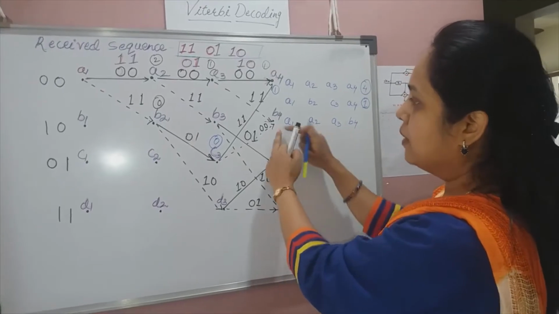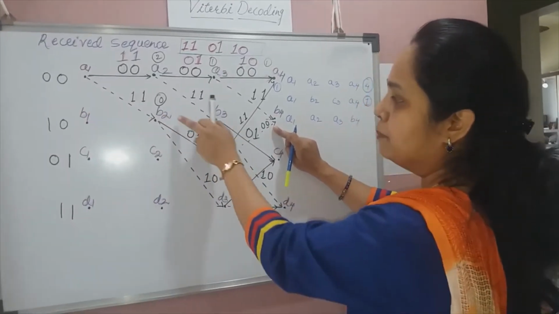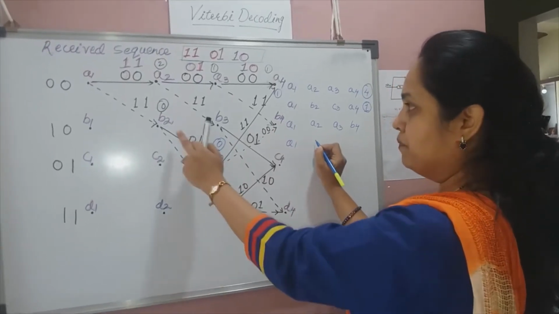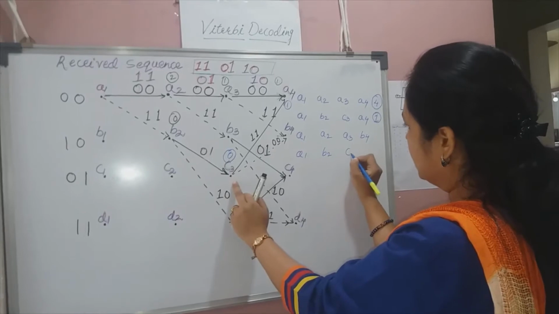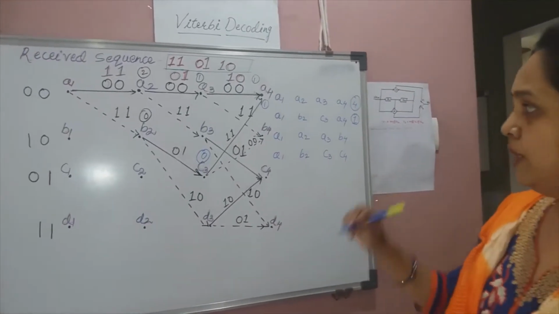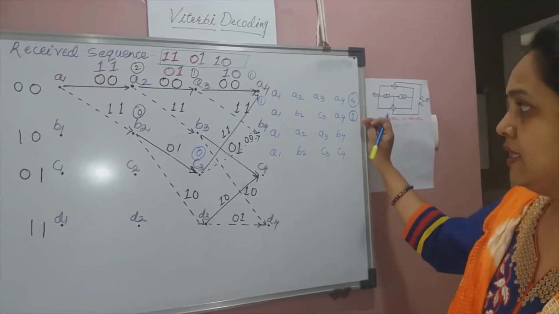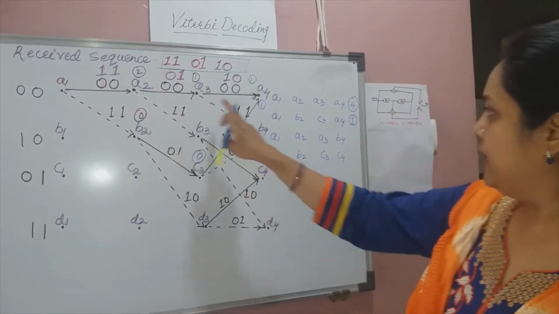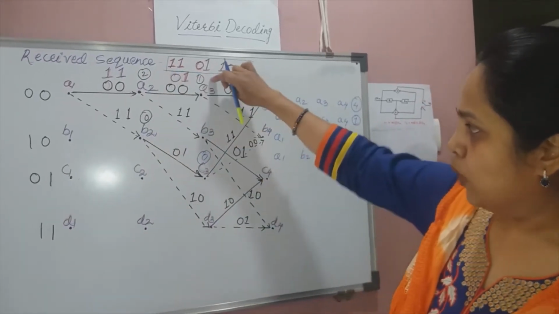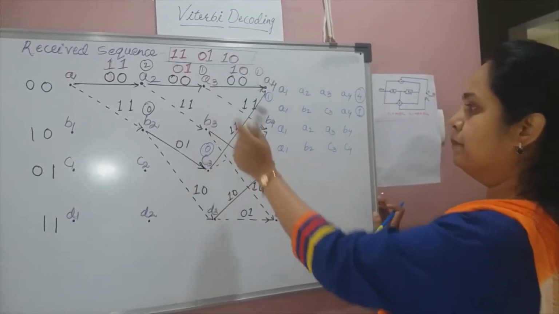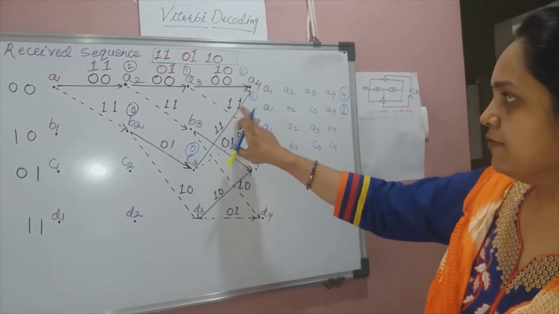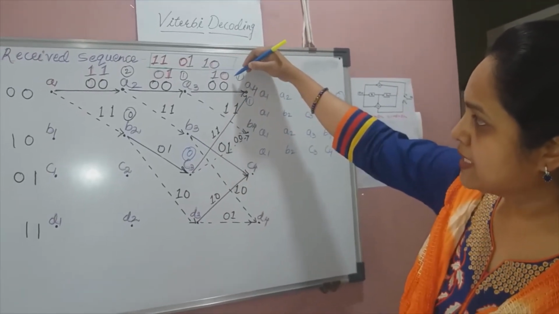And the second path coming here is A1, B2, C3 and B4. Now we have to find out the weights as we had done in the previous case. For path A1, A2, A3 and B4, the weights for the first arrows are 2 and 1, and the third arrow has the standard output 1, 1 and the received sequence 1, 0.